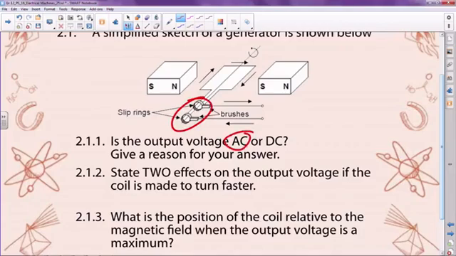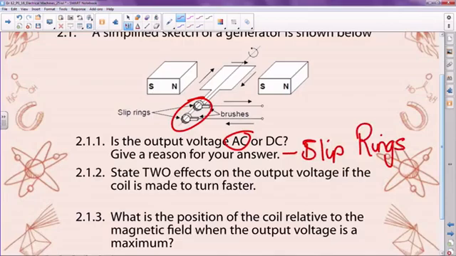It has to be AC. And your reason? There are slip rings present. Slip rings mean AC.